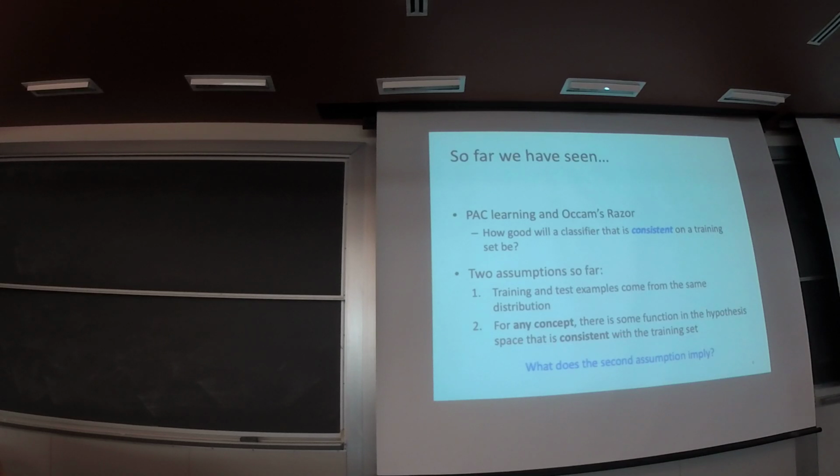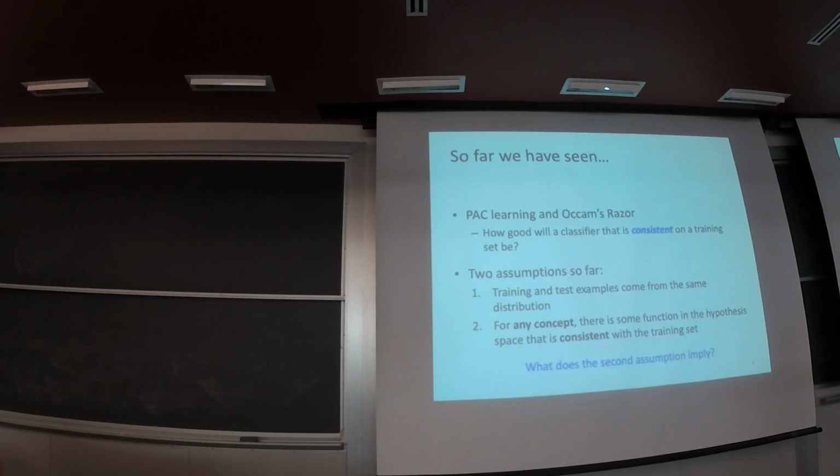So remember, we are trying to learn a family of functions, which we call the concept class, right? The family of functions. And our algorithm will choose a hypothesis space, and our learning is trying to search for some function in the hypothesis space which is as close to the target function as possible. Now, we require that for any target function in this concept class, right?